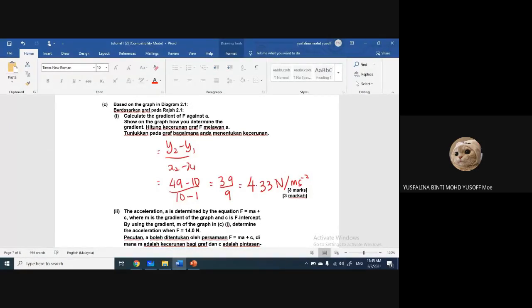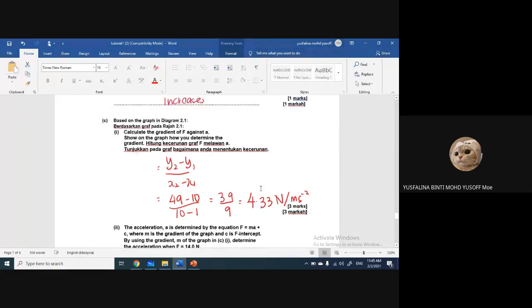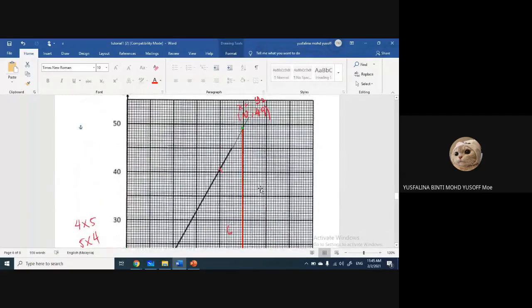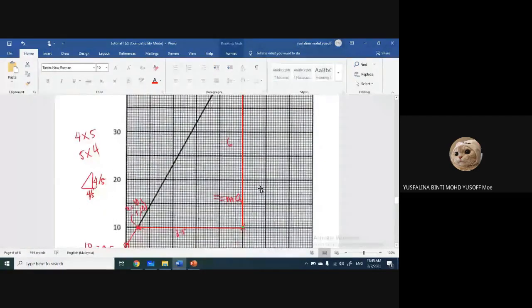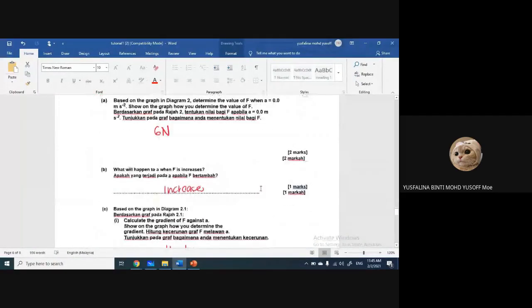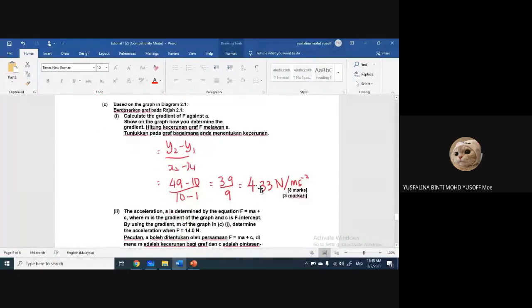So far are you clear how to find the gradient, how to draw the triangle in the graph? Any question you want to ask teacher? No. If you don't understand, please tell me.